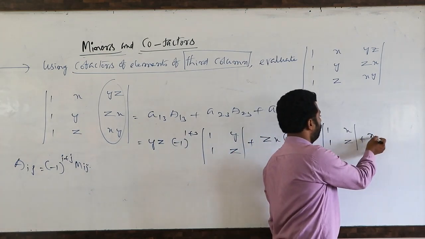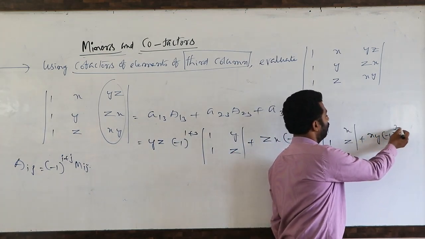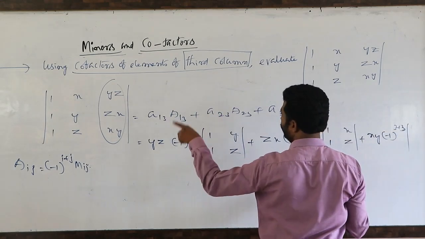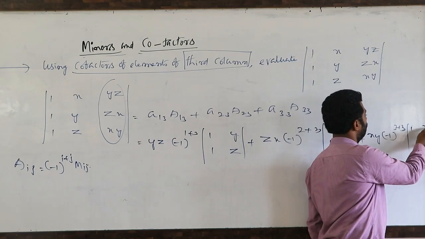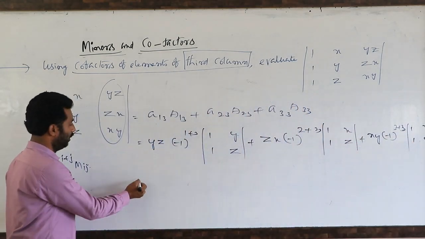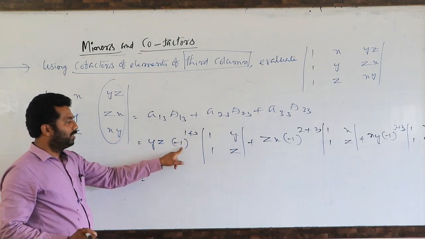Plus xy into minus 1 whole power 3 plus 3 times the determinant obtained by deleting the third row and third column, 1 x, 1 y. You see, whole power 4 means this is positive.